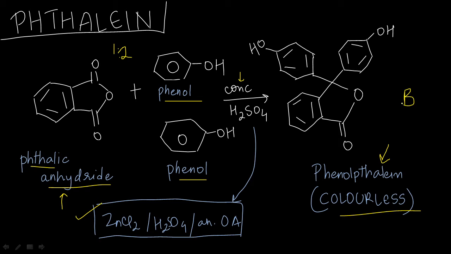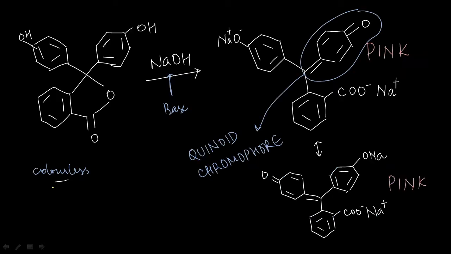So let's see what we have next. Now this colorless form, phenolphthalein, benzenoid form, when you add it to a base, the lone pair of electrons form a double bond, and this goes here and this goes here, and this breaks.